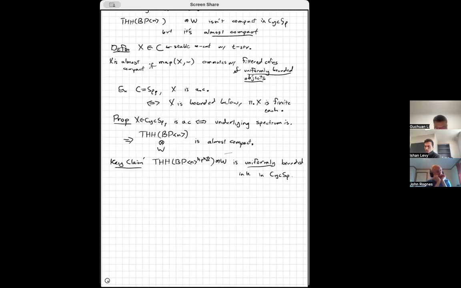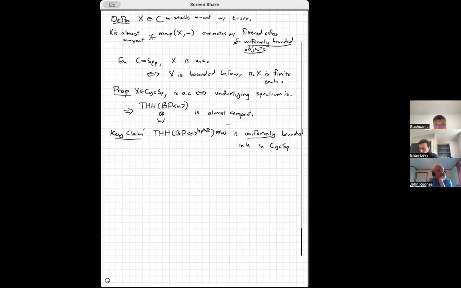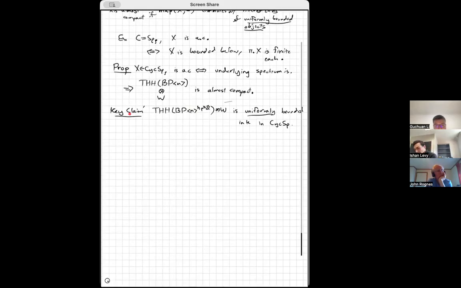So you want sort of the Lippmann-Quillen property for all of these rings in a way that's uniform in K. In practice, that ends up not being more difficult than just proving it for one of them. It's just a matter of keeping track of the parameters that show up. Okay, so this is the key claim.